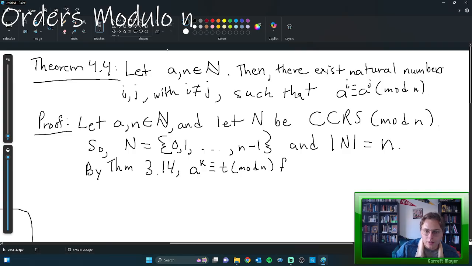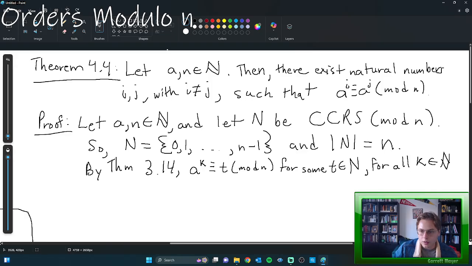For some t in N, for all k in the set of all naturals. Basically saying that anytime you take a to a power, it has to be congruent to some element inside of N. So that's that point.